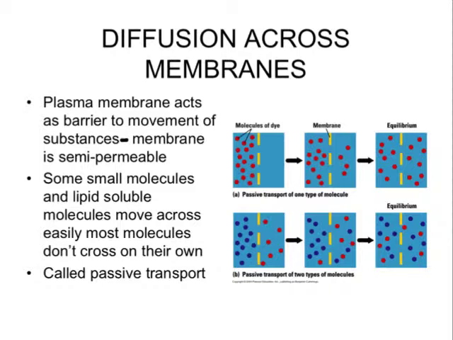So it acts kind of as a barrier. We call the plasma membrane a semi-permeable membrane because it allows some things to come through, but not everything. Small molecules and lipid-soluble molecules can move through the plasma membrane pretty easily in what we call diffusion, or passive transport, but others we're going to need a little more help.